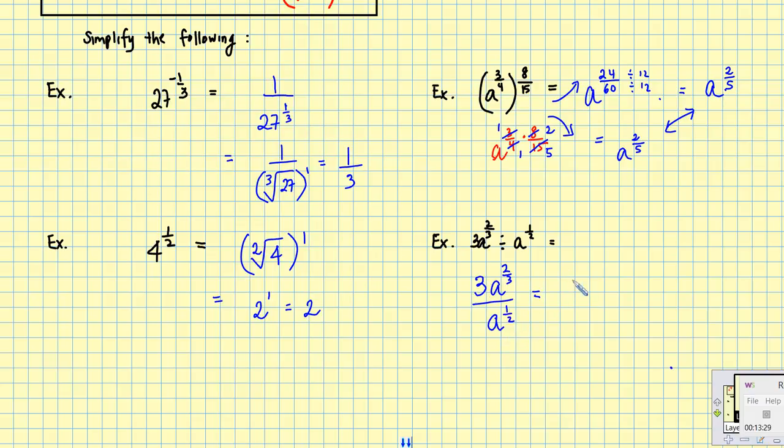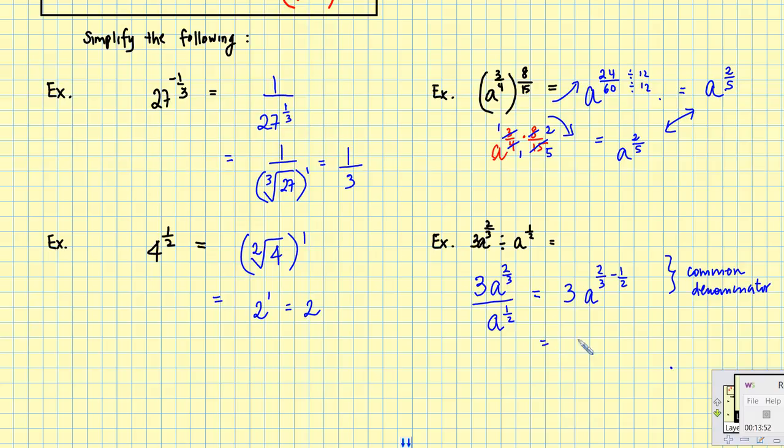So what I'm actually doing is I'm saying 3 divided by 1 is 3, and now 2/3 minus 1/2. So 2/3 minus 1/2 is going to require that I get a common denominator, because I cannot subtract those without having a common denominator. Everything we've done so far has a common denominator to it.